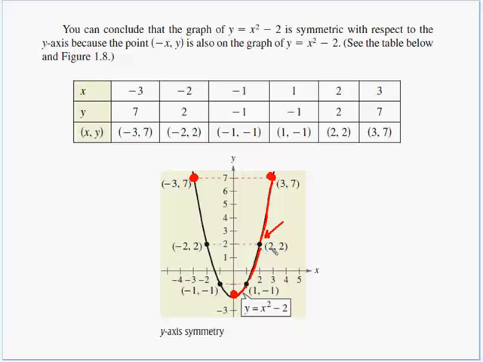As I graph (2, 2), I automatically know because of the symmetry that (negative 2, 2) is going to be on the graph. And same for (negative 1, negative 1). So here on the left or the right, if I graphed these in red and I was sure of those, and I knew my function was y-axis symmetric, I could automatically fill in this half of the graph just by knowing the symmetry and not having to plot more points.